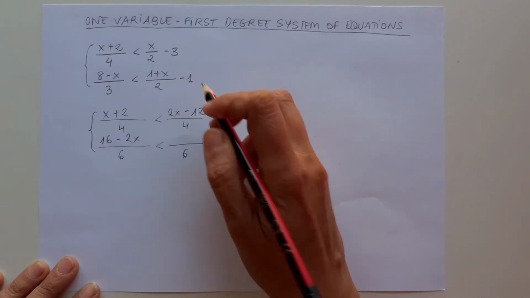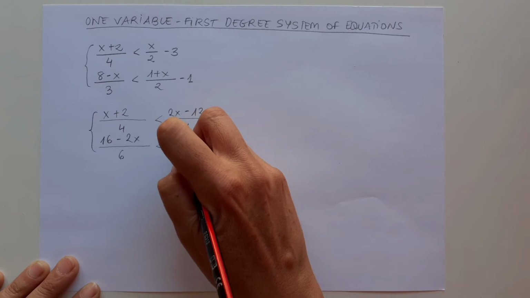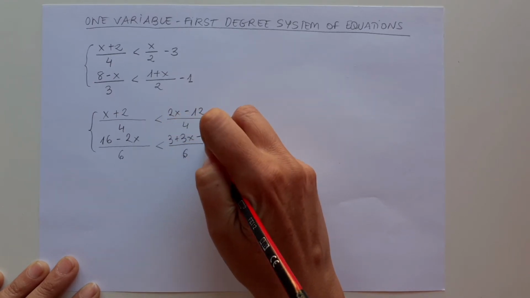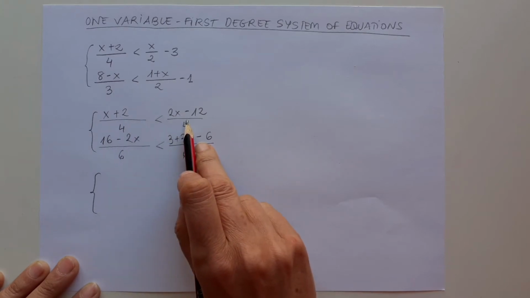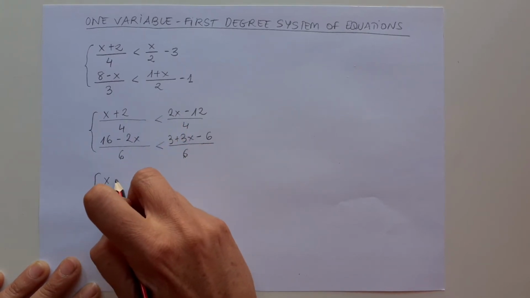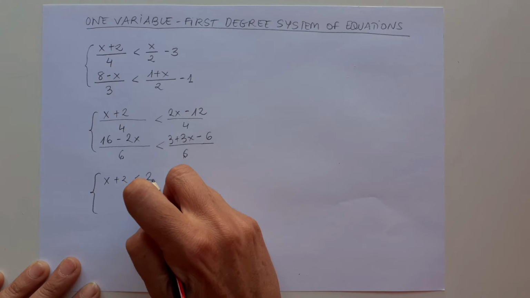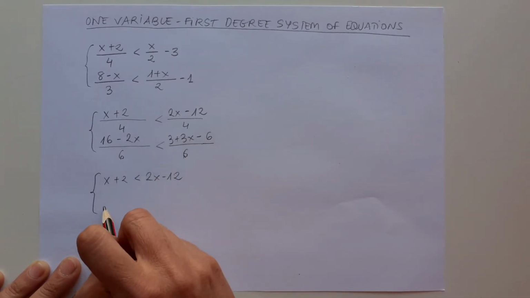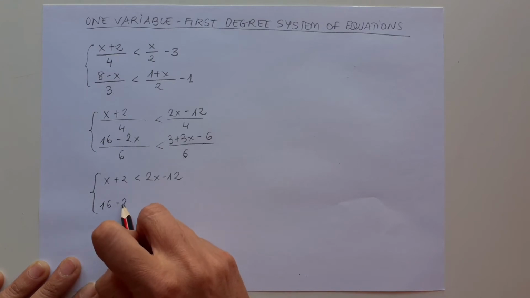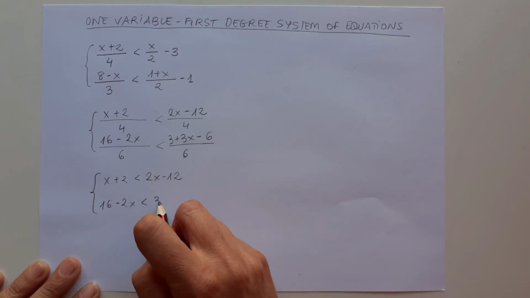And here, it would be 3 plus 3x minus 6. Now, let's multiply this whole inequality by 4, and I would have 2x minus 12, and here I multiply both sides by 6, and the denominators disappear.